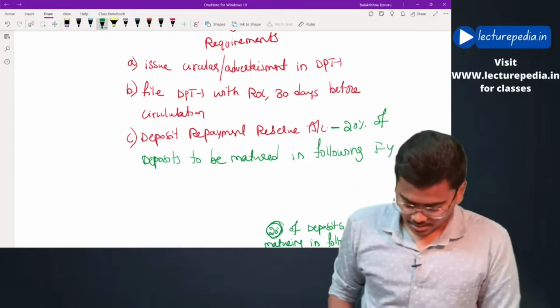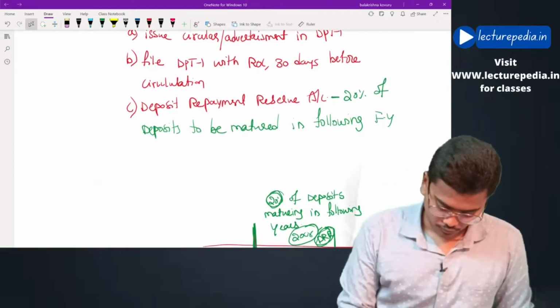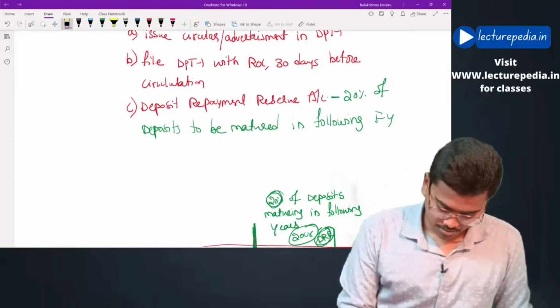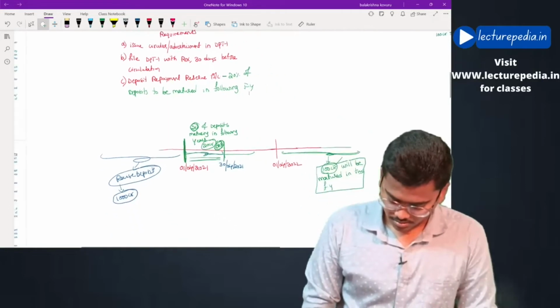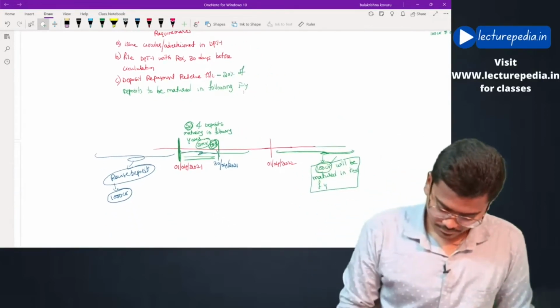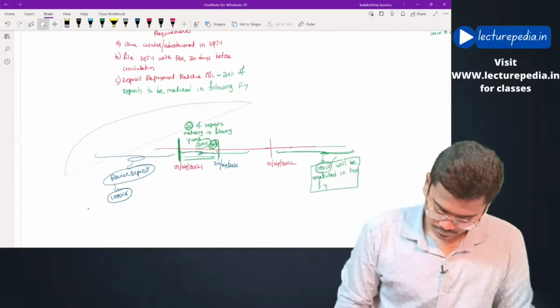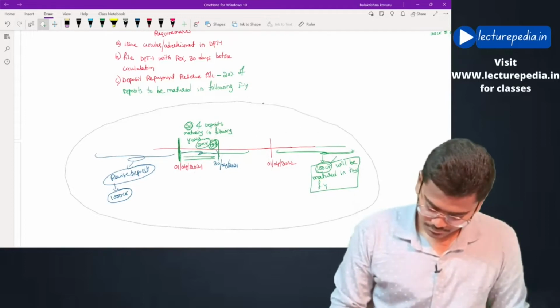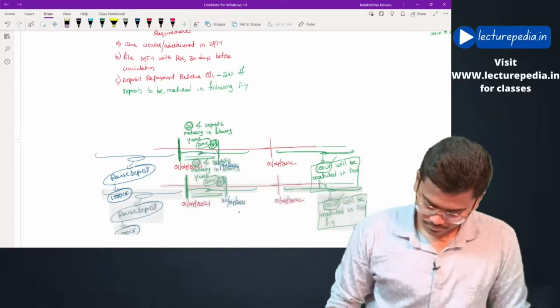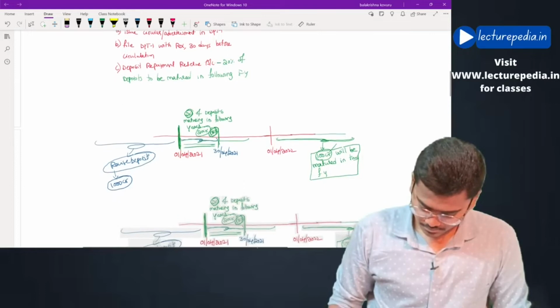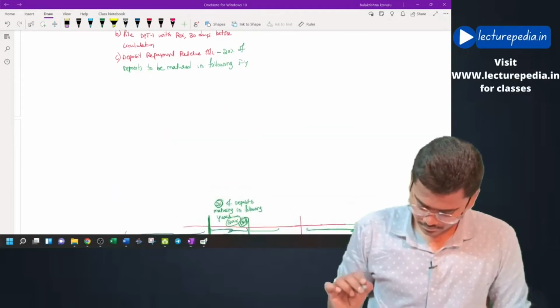That is the third condition. Next, fourth condition.